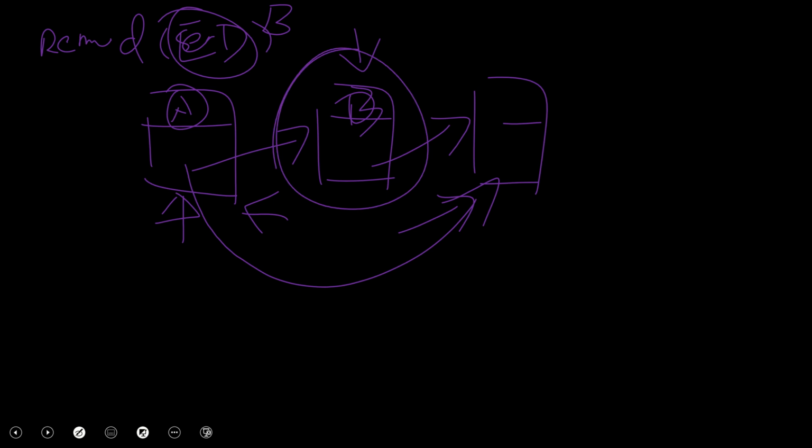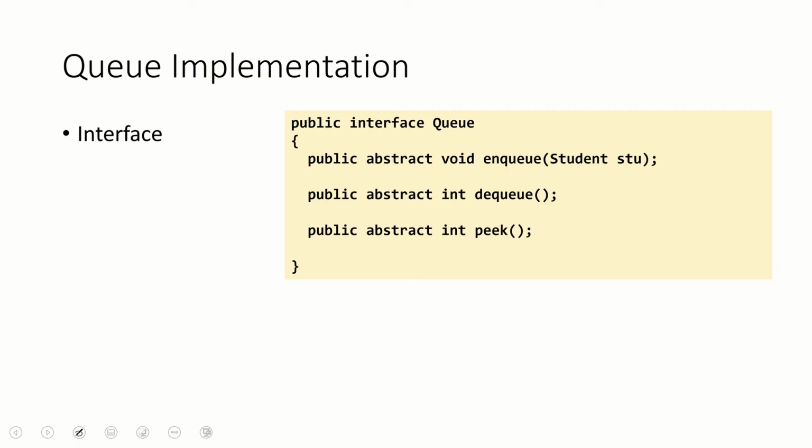So then we talk about two new different data structures: one is the queue, and another one is the stack. For the queue, if you don't remember the principle, it's fine.